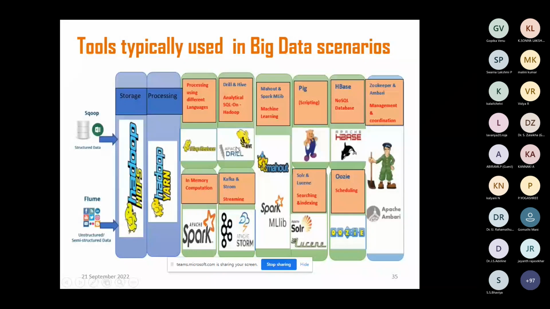And Mahout is, of course, a part of Apache Hadoop, and which is not being widely used nowadays, where people are moving towards Spark MLlib, the machine learning library supported in Spark. And Pig, almost it is not existing, but it is part of the Hadoop ecosystem.